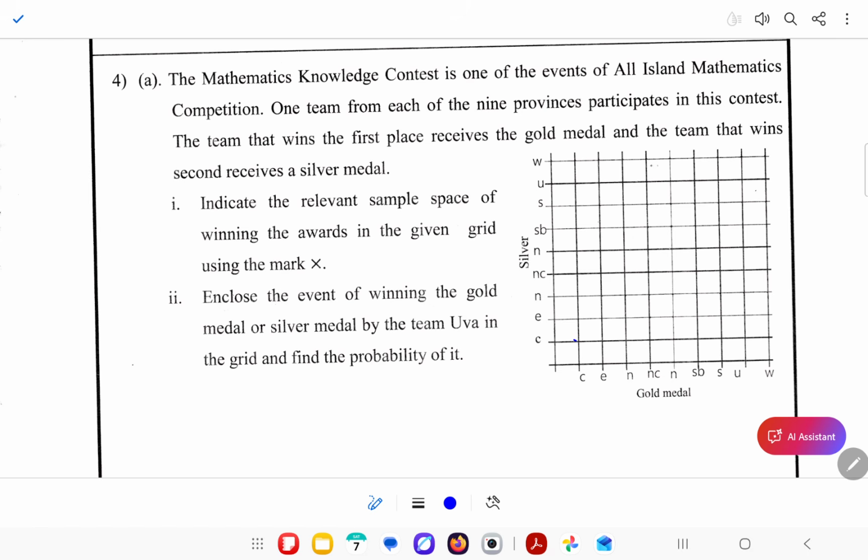So let's see. So Central wins gold medal. Let the method, all line method. First place receives the gold medal. The team that wins the second receives the silver medal. Indicate the relevant sample space of winning the awards in the given grid.